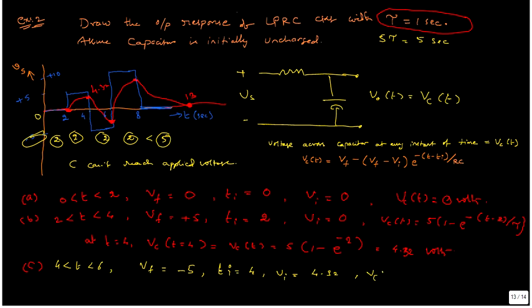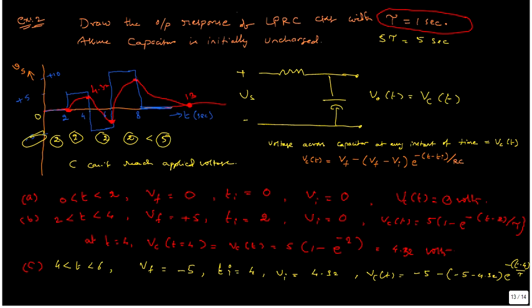Now Vc(t) can be written as minus 5 minus of (minus 5 minus Vi), that is minus 4.32, into e power minus (t minus 4) divided by tau.